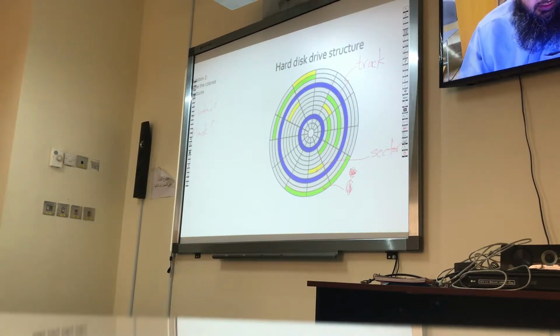Okay, so both of them are some sort of grouping of sectors, because sector is the smallest unit. So there are some collection of sectors, but there is a difference. Cluster is fixed number of sectors.